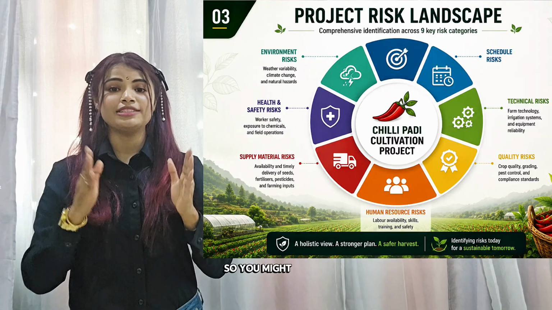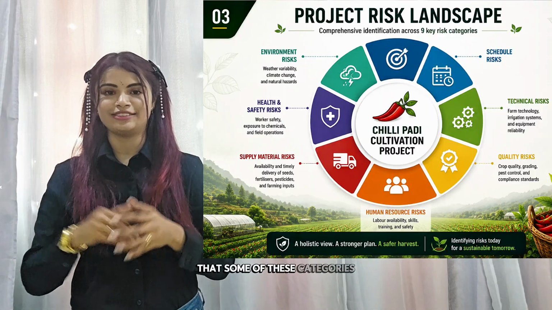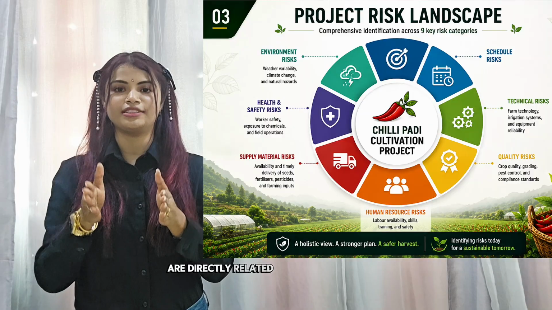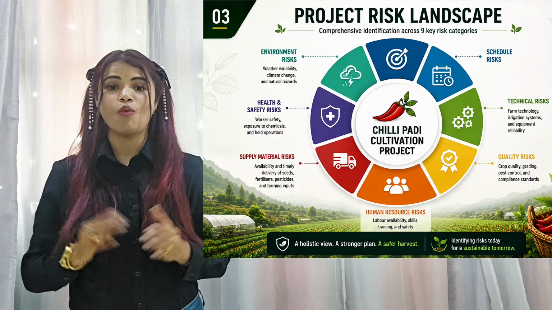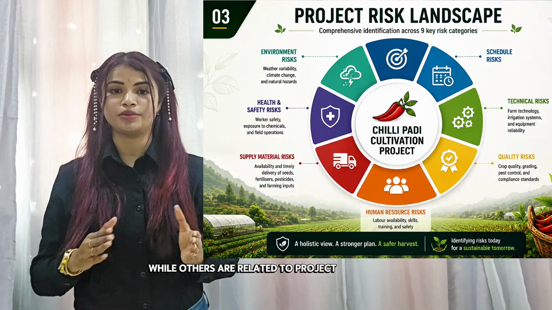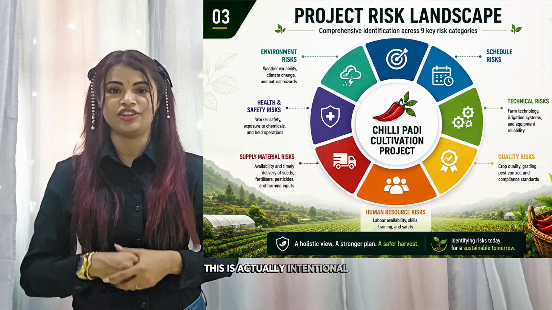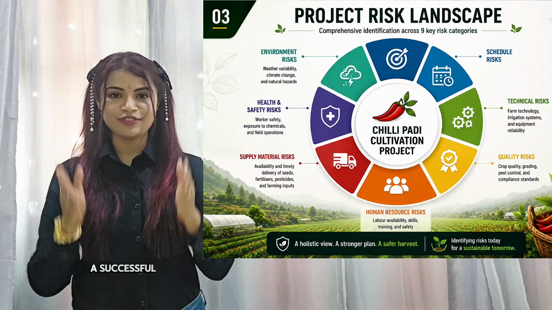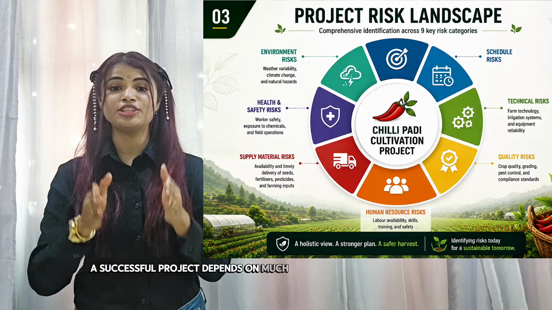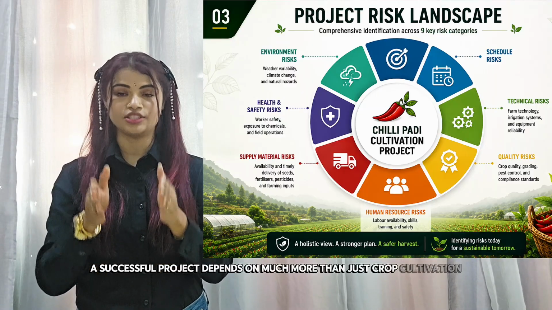So, you might notice that some of these categories are directly related to farming activities, while others are related to project management and operational performance. This is actually intentional. So, a successful project depends on much more than just crop cultivation.